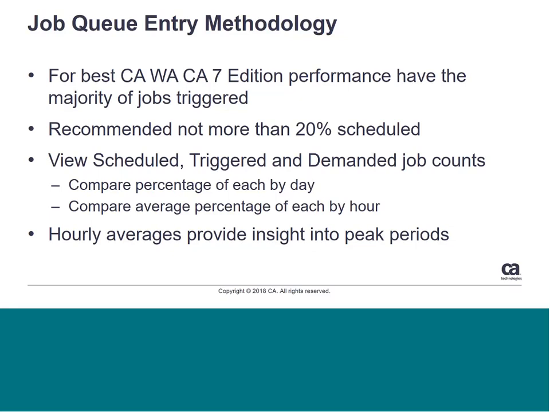You may already be aware of that, but if you're not, this gives you some insight into when the busiest time of day generally is in your CA7 system, and maybe gives you some thoughts about, especially if you have very big peak periods, is there a way we can adjust some of our scheduling to reduce the peaks?